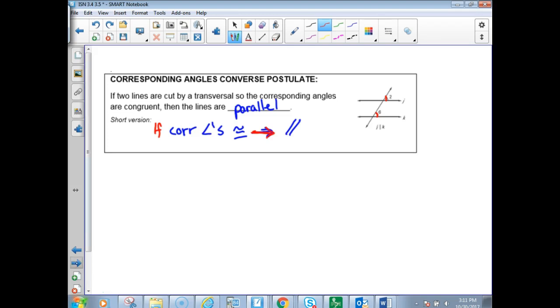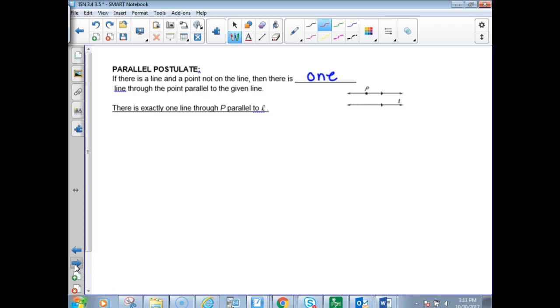Don't have to. I'll take it without it. I would also accept the corresponding angles converse postulate, but I got a feeling you might be better off writing this. Okay, anybody still need this? No? All right, next one.